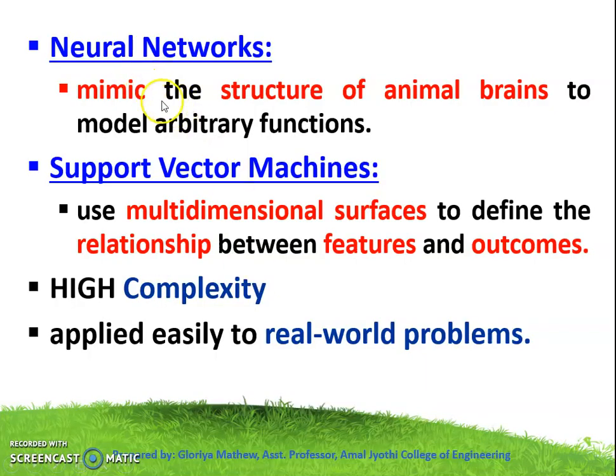The neural network mimics the structure of the animal brain to model arbitrary functions. Simply, we can consider that a neural network is a copy of the animal brain. The SVM model uses multidimensional surfaces to define the relationship between features and outcome. Both these models are highly complex, but they can be applied easily to solve real world problems.